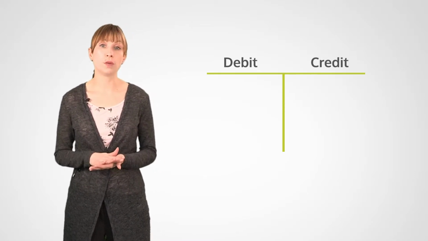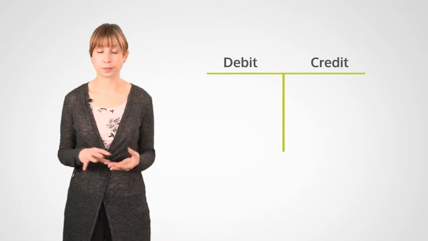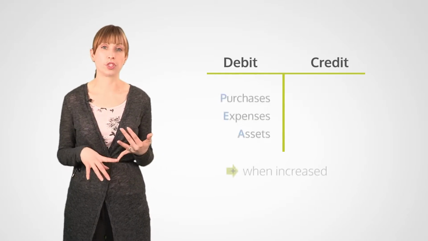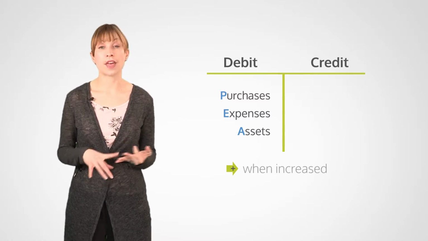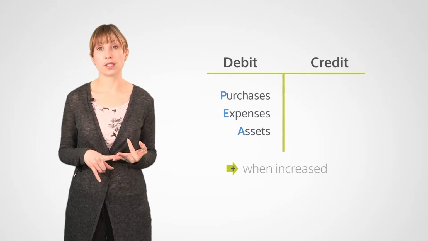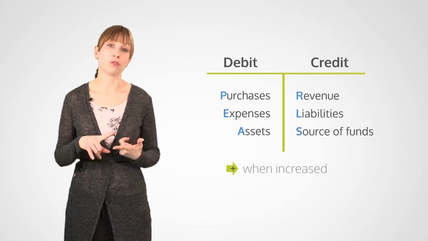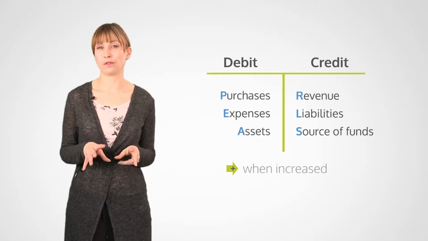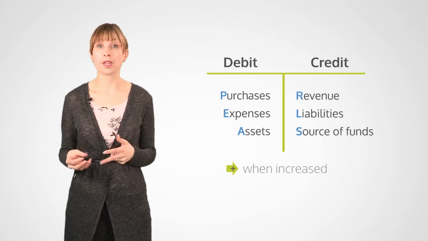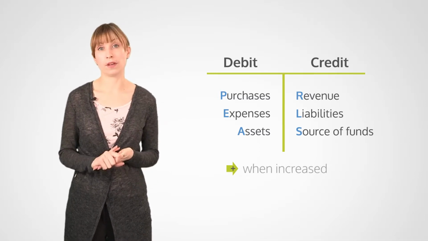So one way of doing this is using PEARLs. And PEARL stands for purchases, expenses, assets, and they are all debited when they're increased. And you've also got revenue, liabilities, and then we say source of funds, but that's the capital, and they are all credited when they're increased.